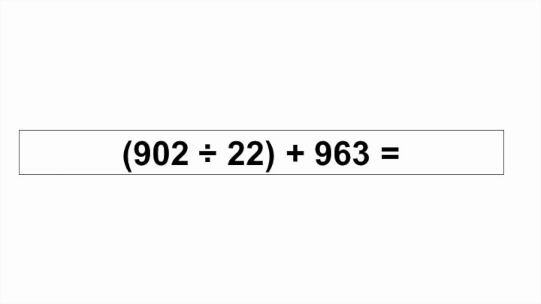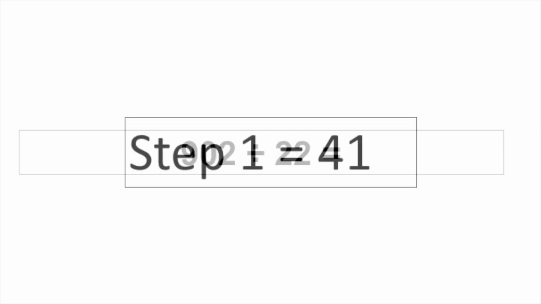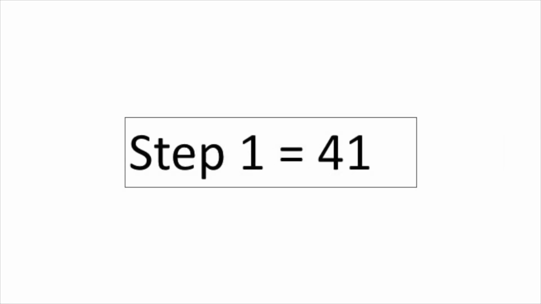And then 22 divided by 22 equals 1. 1 times 22 equals 22. 22 minus 22 equals 0. So now we have the answer to the first problem. 902 divided by 22 equals 41. So now we move on to the next stage of our combined operation.